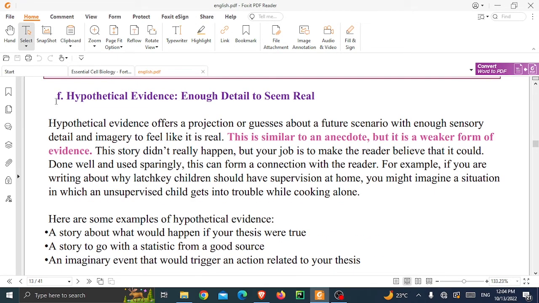We have the last type of evidence, which is similar to the first type, the hypothetical evidence, enough detail to seem real. The hypothetical evidence is similar to the anecdotal evidence, which is the story that relates to your topic.